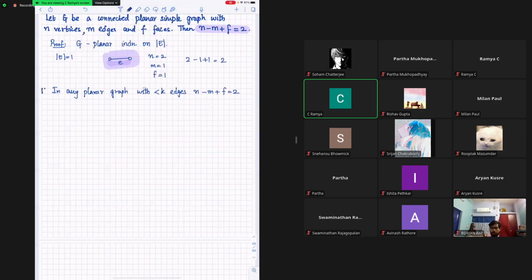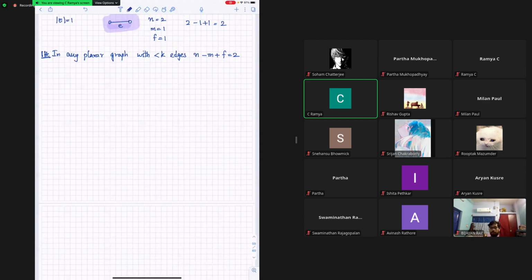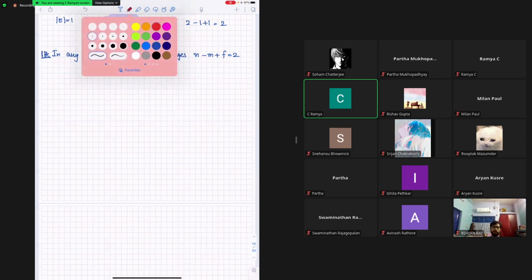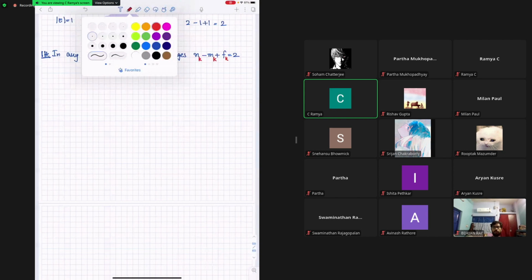So this is the inductive hypothesis. Now let's try to do the inductive step. So what does this mean? If you consider any planar graph, let's call this graph Gk. The number of vertices nk minus the number of edges mk plus the number of faces fk is equal to 2. So now we have to go to the induction step.